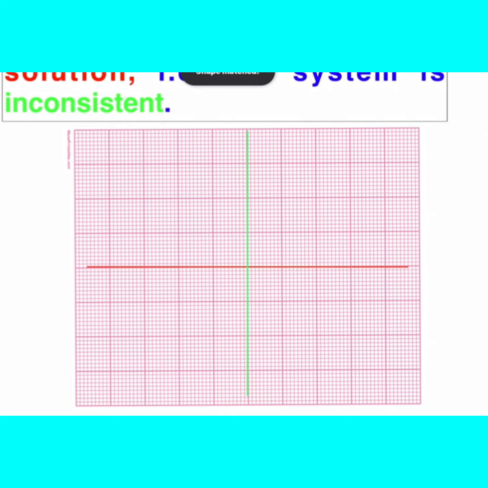This is the x-axis and the negative x-axis direction, y positive direction, and y-axis negative direction.